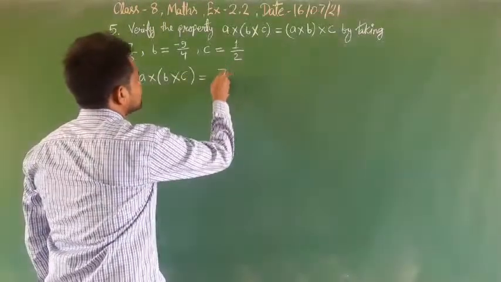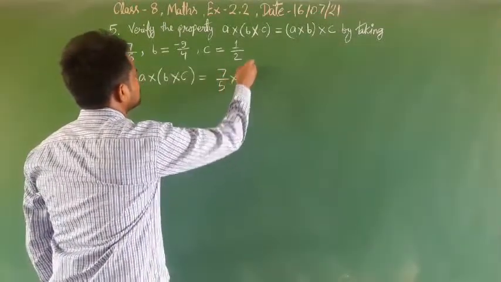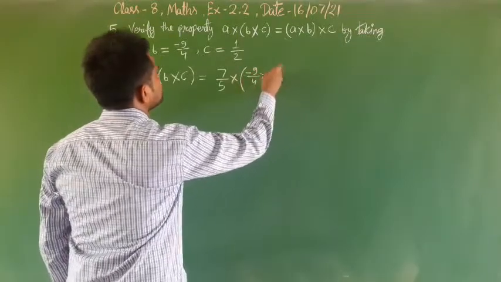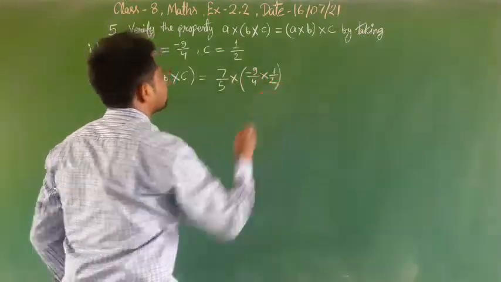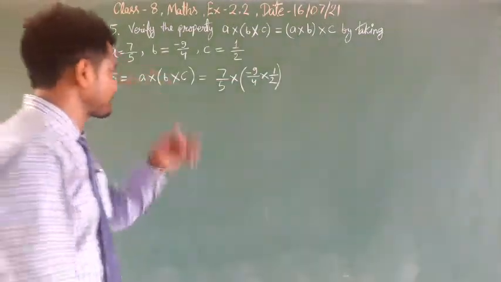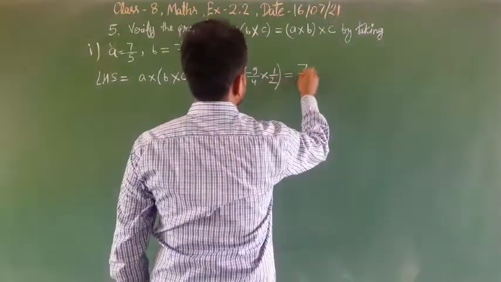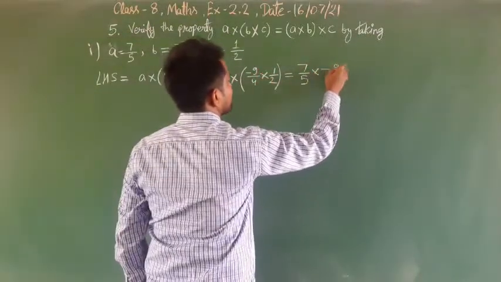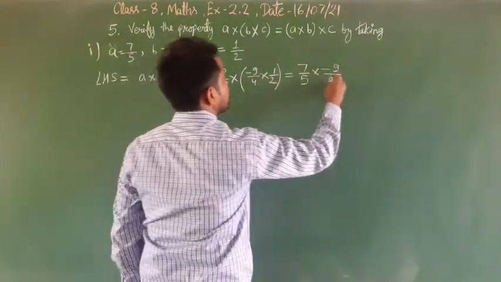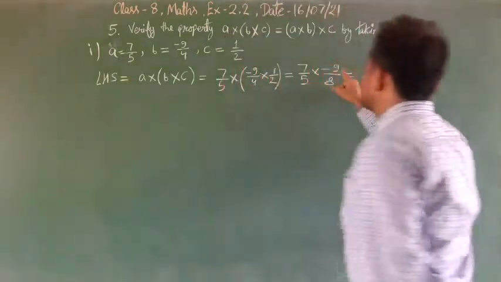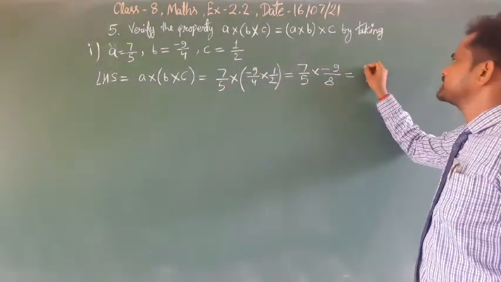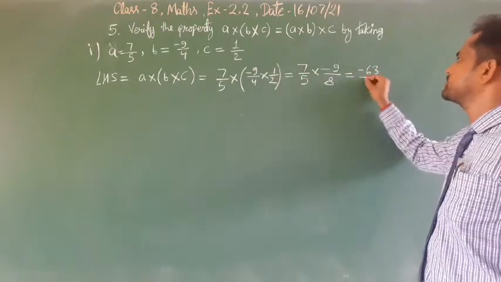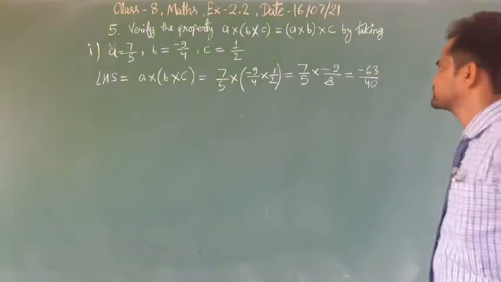We get 5 by 7 into minus 9 by 4 into 1 by 2. Now 7 into minus 9 is minus 63, and 5 into 8 is 14.